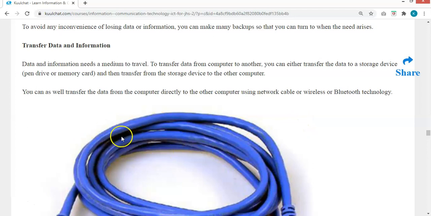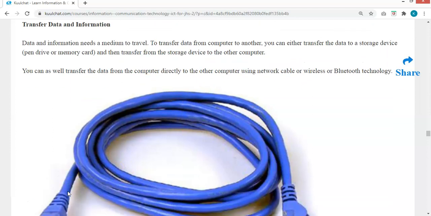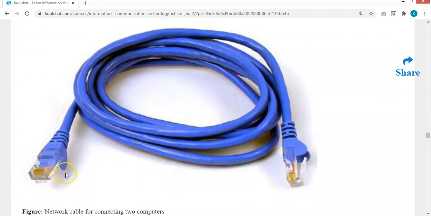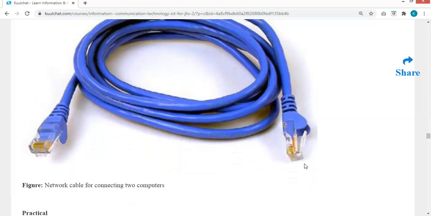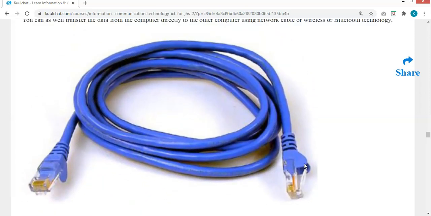But if you are using a data cable, you just connect the two computers by using the data cable. So this end goes into one computer, and this end goes to the other computer. Then you can transfer the files. Now, once you connect an external storage device, you are supposed to see its content so you can transfer files to it.